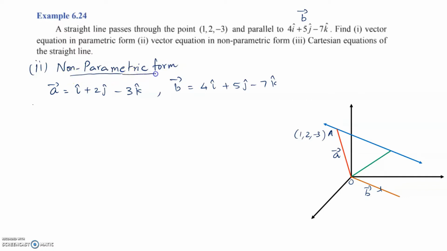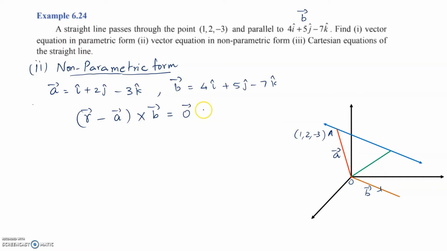Okay, so we have our vector A and vector B, and the equation in non-parametric form is (vector R minus vector A) cross vector B is equal to the zero vector.